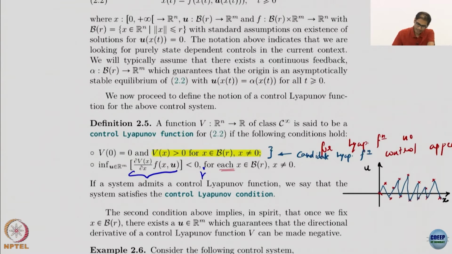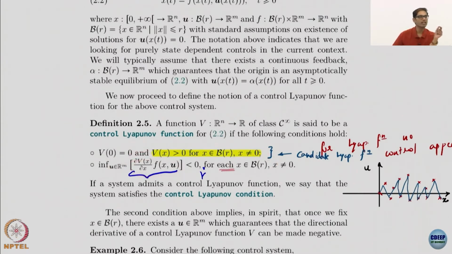Here x is fixed. I fix some x when I compute this, and I compute this entire thing, which is now a function only of the control, because the infimum is only over the control. So I fix an x in this bounded domain, and then I compute this quantity.